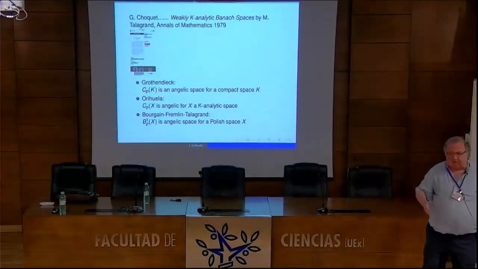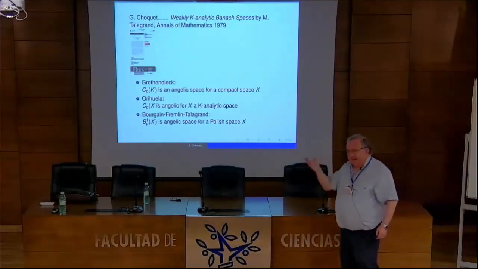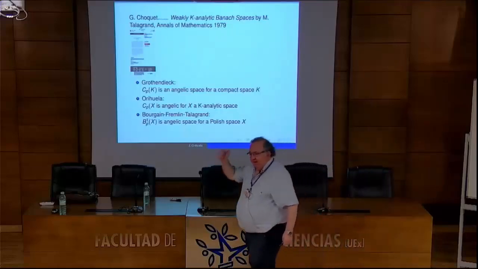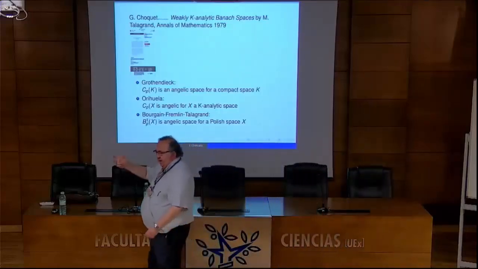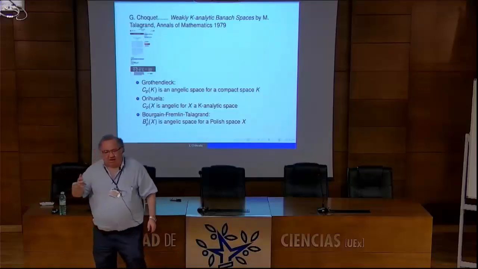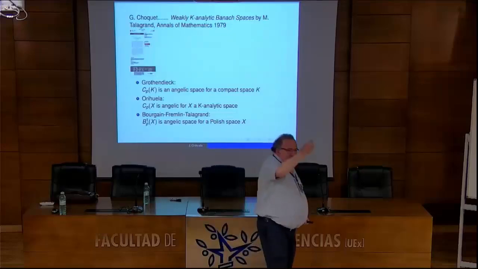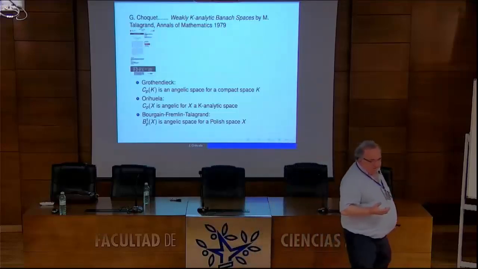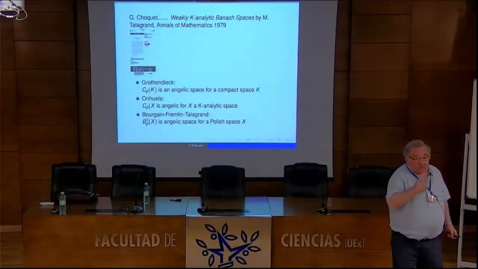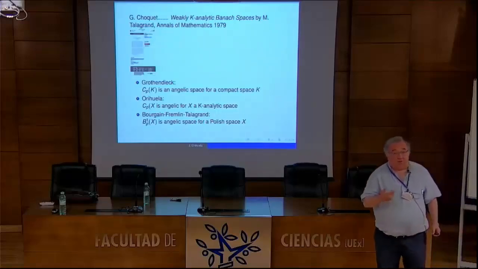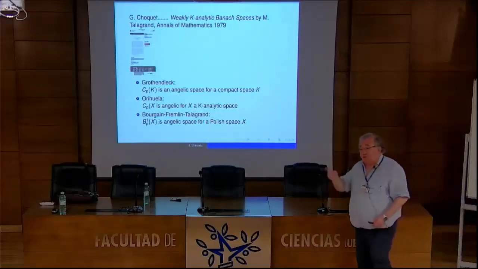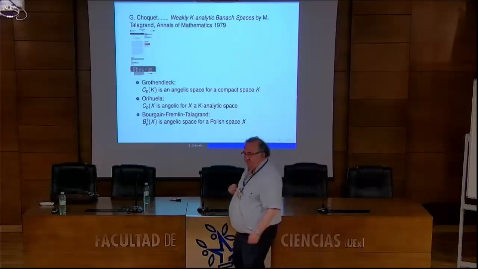Angelic means that all concepts of compactness coincide: countable compactness, sequential compactness. And even more, points in the closure are limits of sequences. These are things that we use every time we have an integral, because we need to apply the Lebesgue theorem.